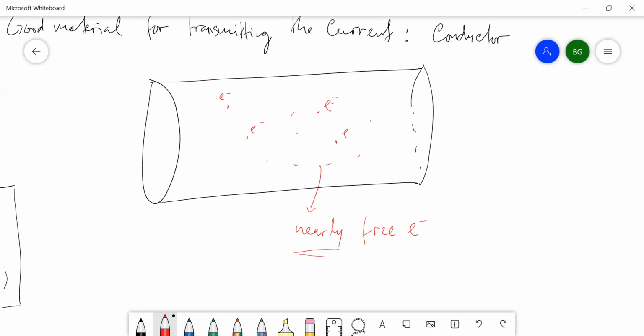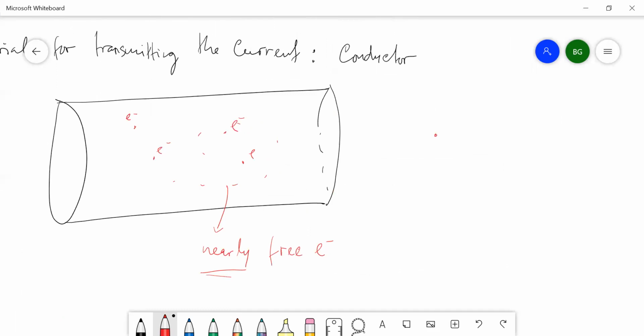Because this electron can move, and let's say this is an atom. It can move freely through these atoms.